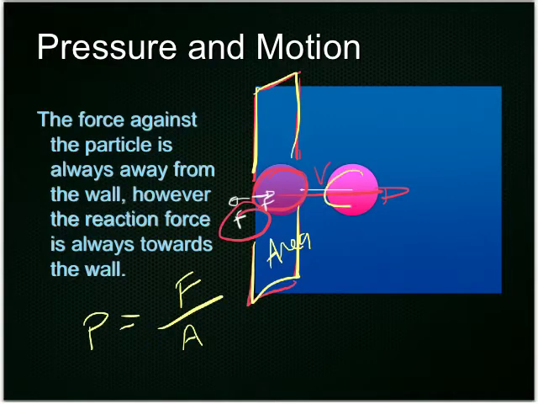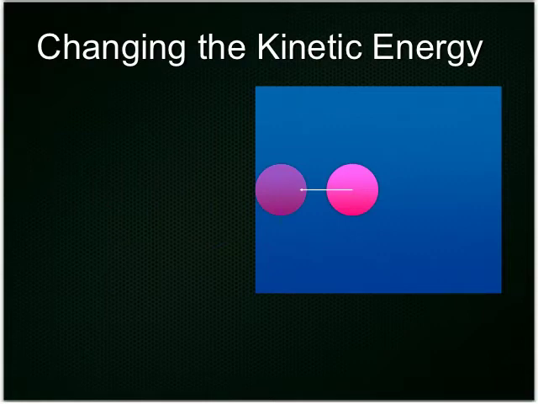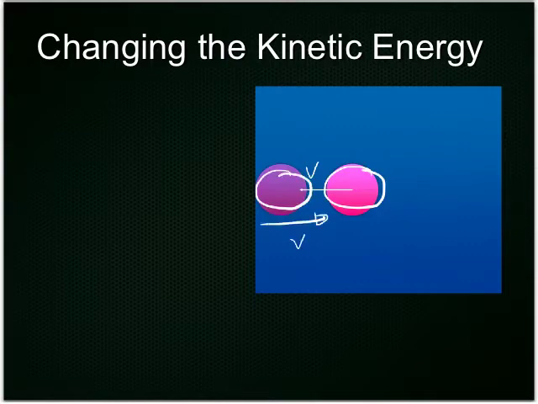So one molecule hitting a wall will create some pressure as it changes direction. Now because this thing's going to be coming in with a velocity and bouncing off here with another velocity out, you require a force to change it, and it's going to be equal and opposite.